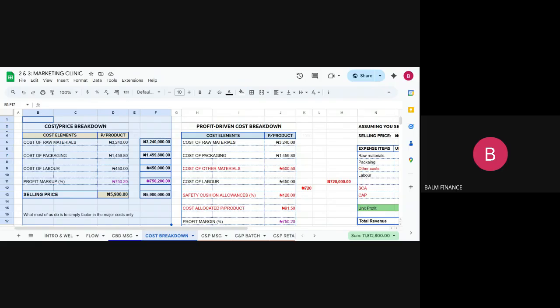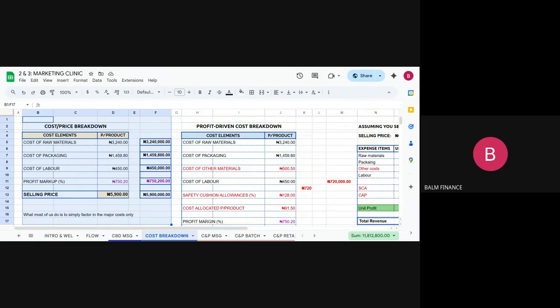So let's just assume that this producer had an order to sell 1,000 products, this particular product. So at 5,900, no discount given, 1,000 units of this product will bring in 5.9 million.